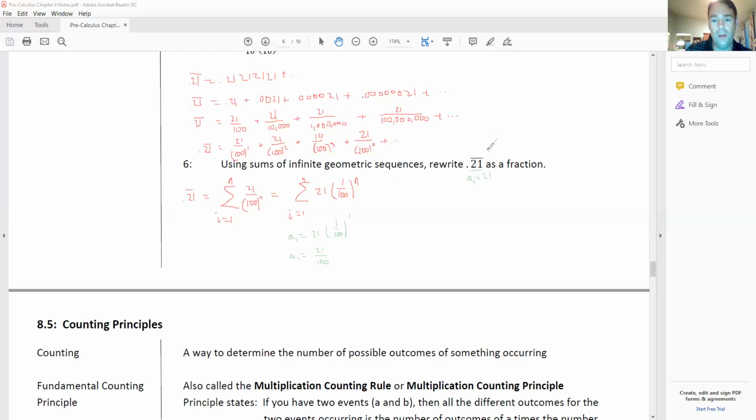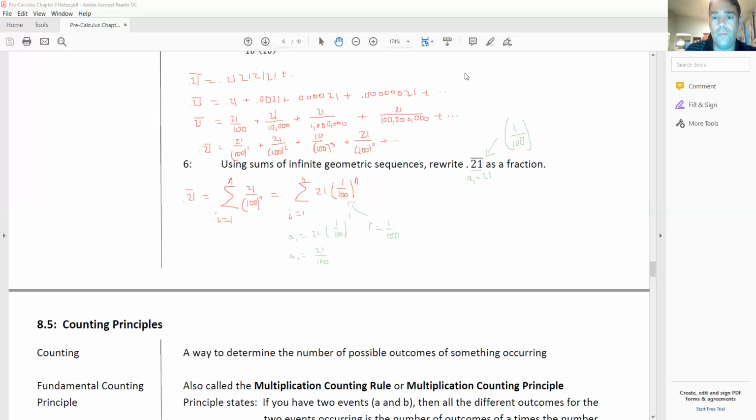And however many numbers repeat, in this case we had 2 numbers repeat, therefore the common ratio would be 1 over 100. If one number repeats, it would be 1 over 10. If 3 numbers repeat, it would be 1 over 1,000. So it gives you an idea how this works. So r is 1 over 100.